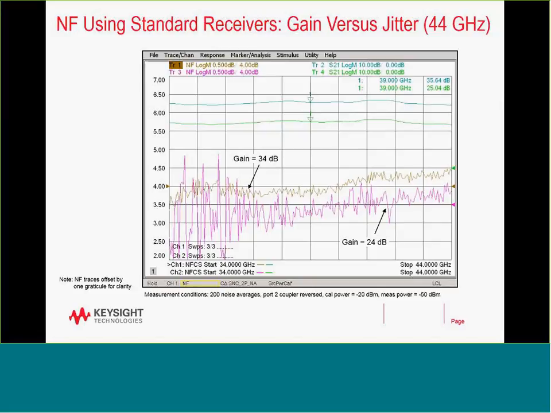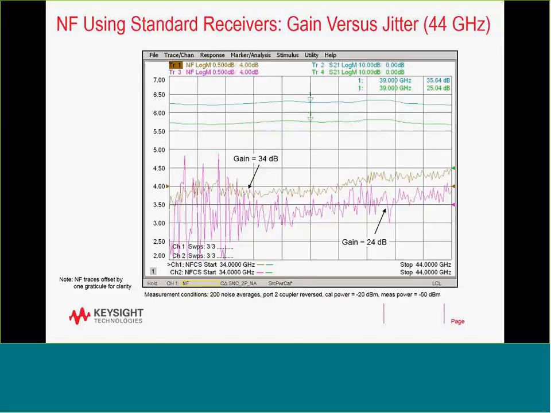If we drop the gain to 24 dB, we see that the purple line has a lot more jitter. And the reason for that is because we're now hitting the noise figure of the receiver, now hiding the noise figure of the device we're trying to measure.